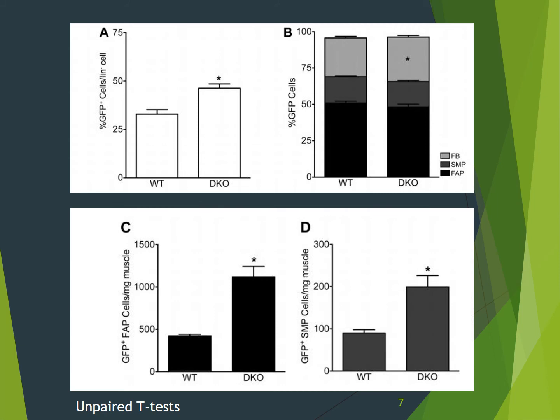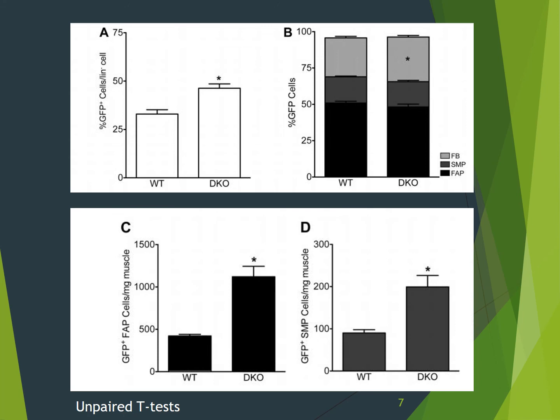Then looking at panel C, we're looking at the GFP positive fibroadipogenic progenitor cells per milligram of muscle in wild type and the DKO mice. And the DKO mice were seen to have more GFP active FAP cells than in wild type. Panel D is looking at the GFP positive SMP cells per milligram of muscle in the wild type and in the DKO mice.